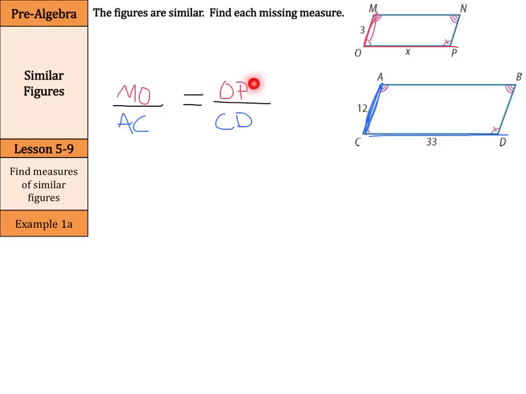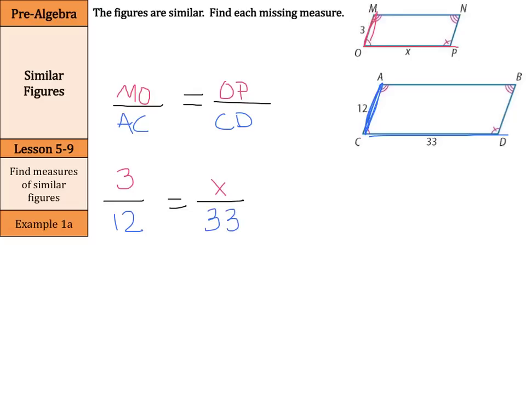On this other ratio, OP is on top because it's in the same position as MO. And then the matching side to OP is CD. Well, now I can fill in my numbers. MO is 3 over AC is 12, and that's going to equal OP is X, and CD is 33.